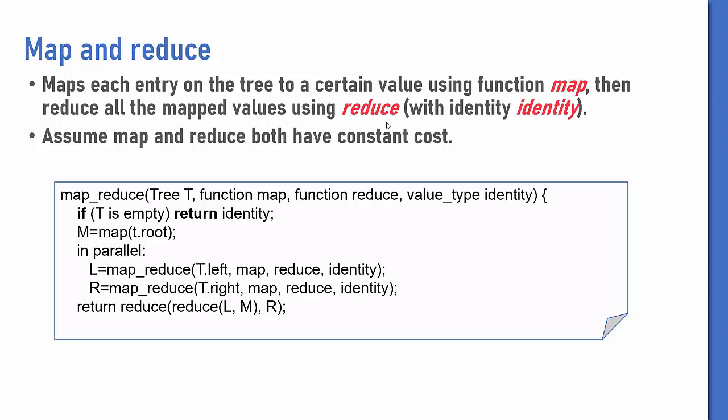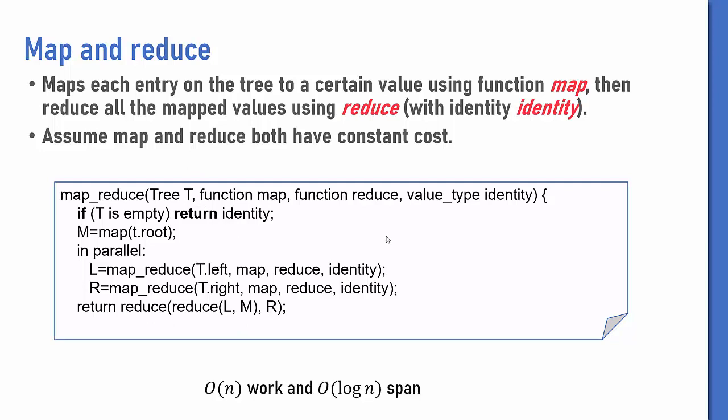Then the same idea applies in this case. When it's an empty tree, the base case is just to return identity. Otherwise, we first map the root to some value, we call it M. And then in parallel, we call map reduce on its left subtree and right subtree recursively. Then we combine the value of the left subtree, right subtree, and the root by the reduce function. So we call reduce on L, M, and R, and this is the result of this corresponding subtree.